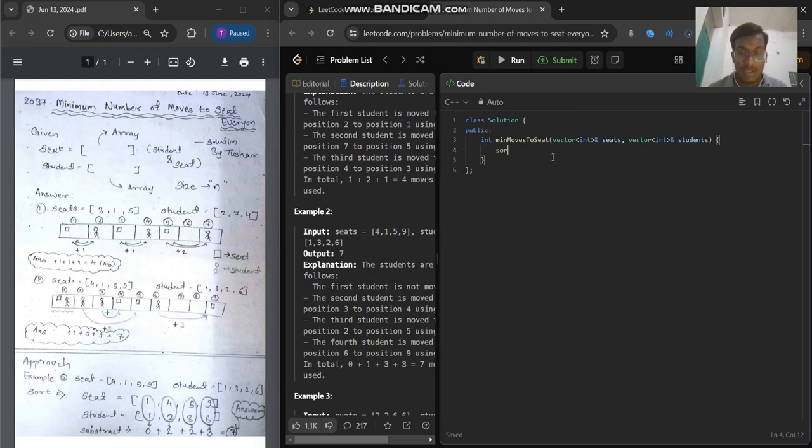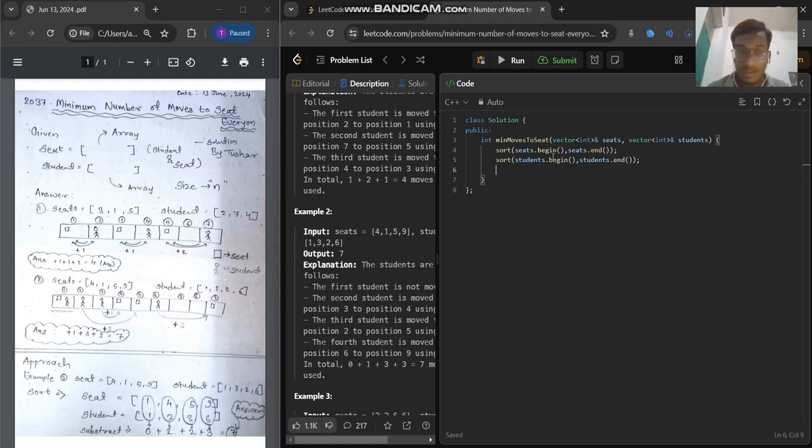For sorting, we can use the STL sort function, where seats.begin(), seats.end(), and we'll do similar for the students array also, students. Yes, so we sorted this down.